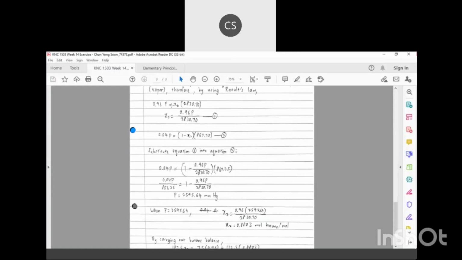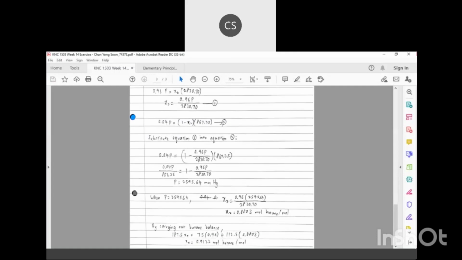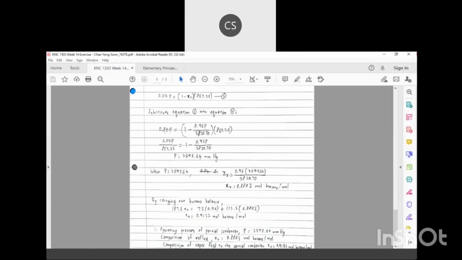Since there are two values needed, the operating pressure and the mole fraction of the butane in the liquid phase, just substitute equation 1 into equation 2 to find the operating pressure first. You do it and you will get the value of the pressure 1. And when you get the value of pressure 1, you can find the value of S2 next, which is the mole fraction of the butane in the liquid phase 1.